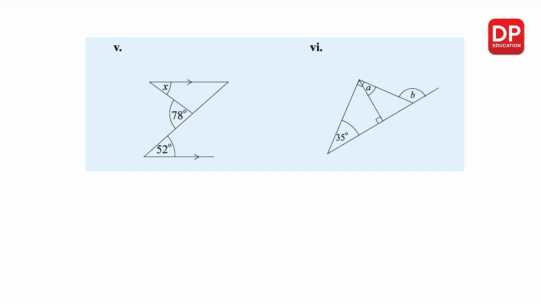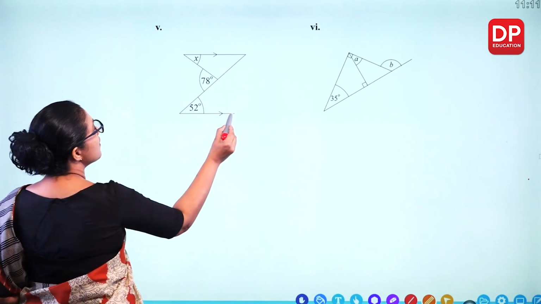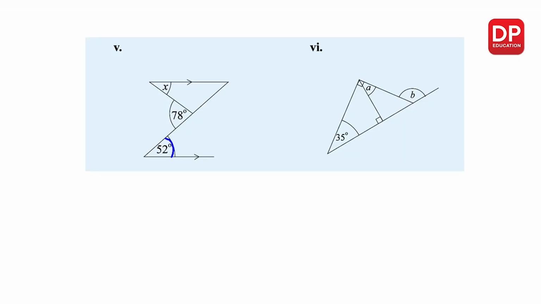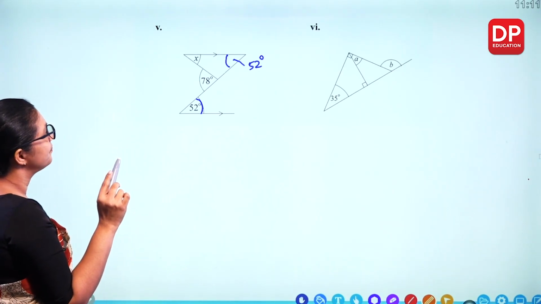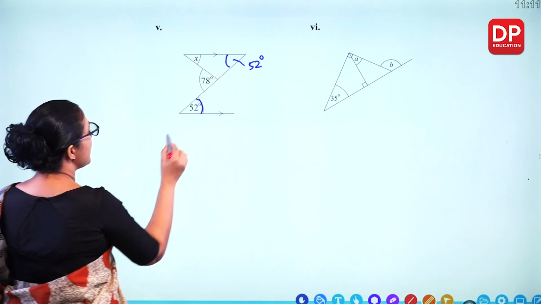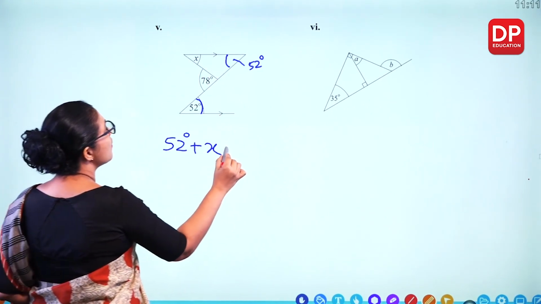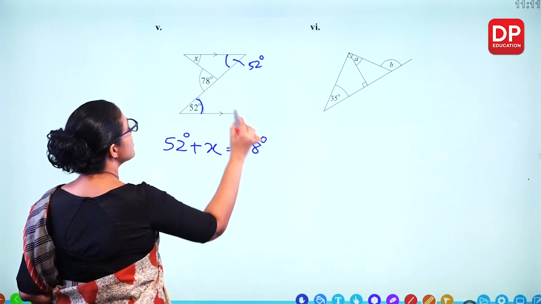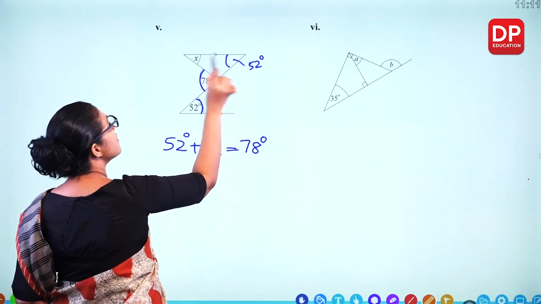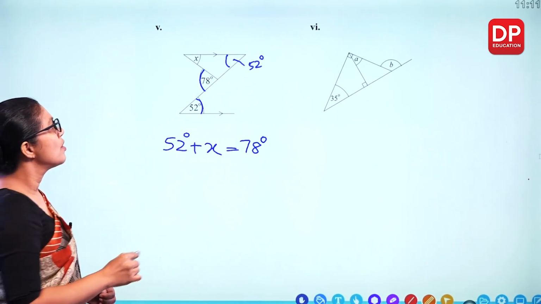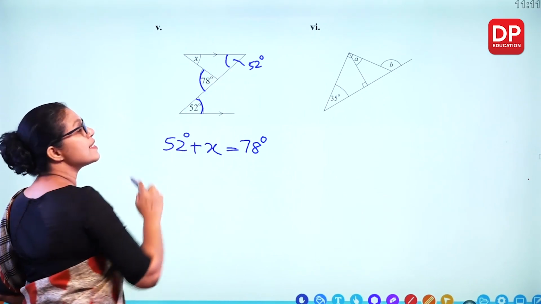Two parallel lines are given. This angle and this angle are both equal, so this is 52 (alternate angles). Now 52 and X is equal to 78, because this is the exterior angle to these two opposite interior angles.